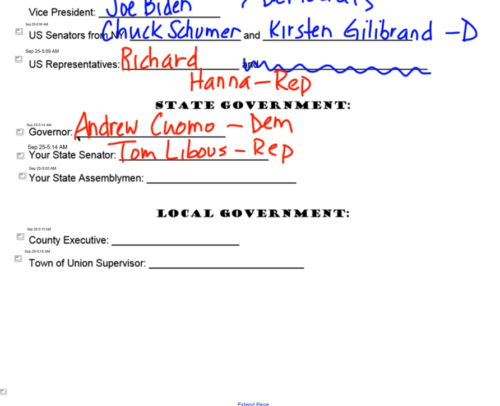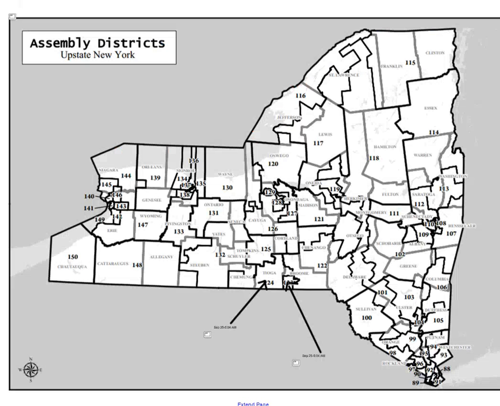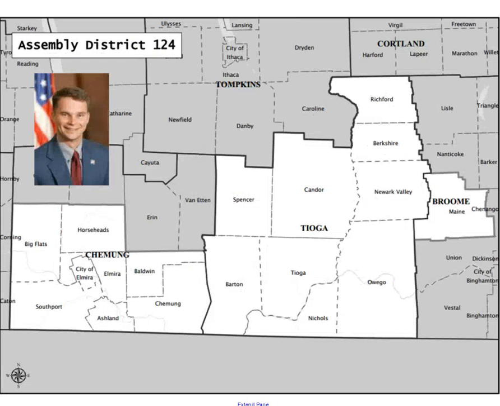Now, we have two state assembly people, depending on where you live. So if you live in Maine or in Nickerson Valley, then your representative is going to be Christopher Friend. So you would write that down, and he's a Republican.